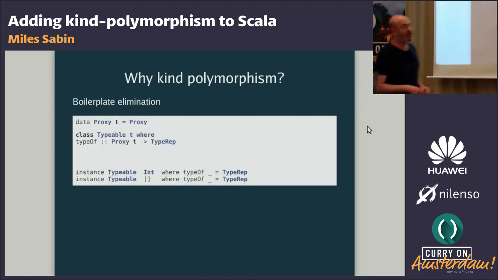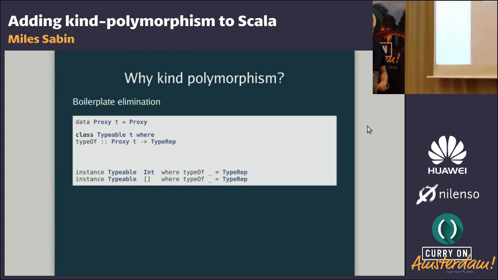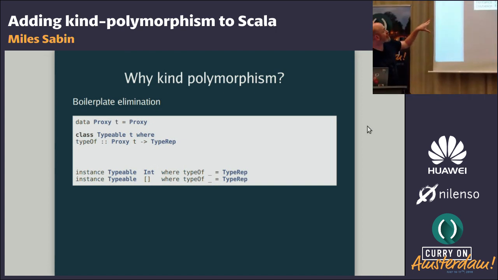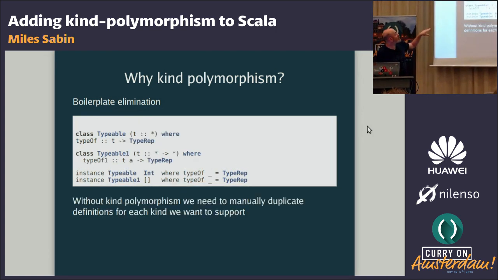So the main reason is boilerplate elimination, and I think this is fairly clear in the Haskell Typeable example. You can define Typeable in this way with PolyKinds. Without PolyKinds, you need something like this. Basically, you need to replicate the definition of the Typeable type class for each of the different kinds that you want to support.